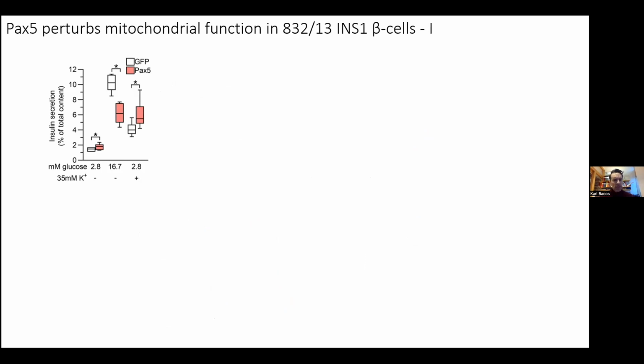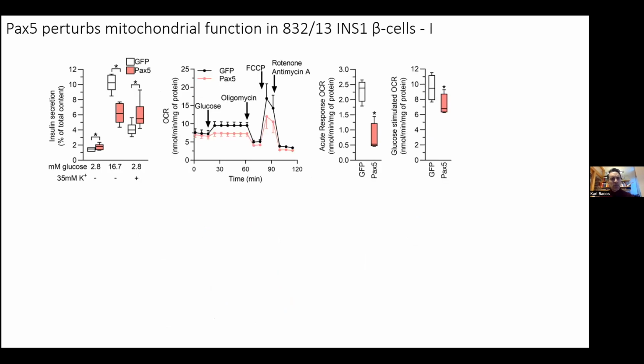So we next investigated the mitochondria, and we used the Seahorse, which is a machine that we use to measure mitochondrial respiration. And here you can see the traces. In black, you have the GFP, so the control cells, and in pink, you have the PAX5 overexpressing cells.